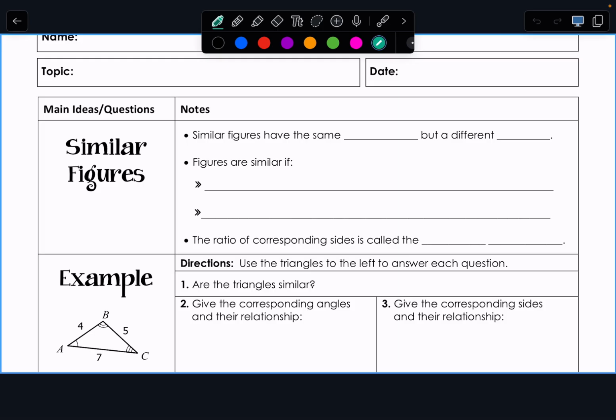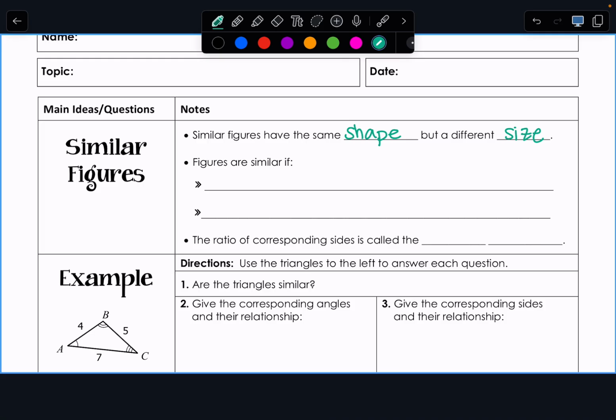Similar figures are still the same what? What remains the same, shape or size? They're still the same shape, but what changes? Their size. Similar figures are the same shape, but they are different sizes. Okay?